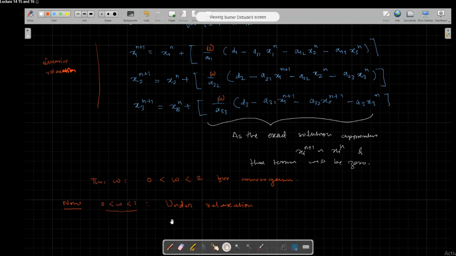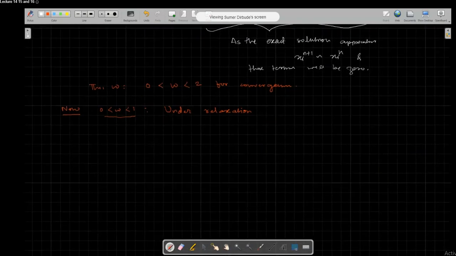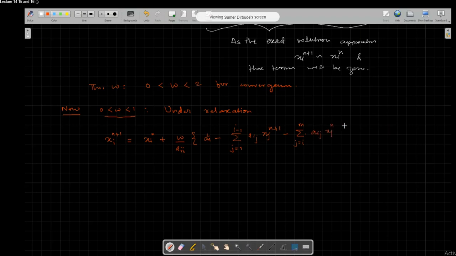So in general, we can write the equation for this particular method as x_i^(n+1) equals x_i^n plus omega over a_ii times d_i minus the summation j running from 1 to i minus 1 of a_ij x_j^(n+1) minus the summation j equals i to m of a_ij x_j^n, where i is running from 1 to n.